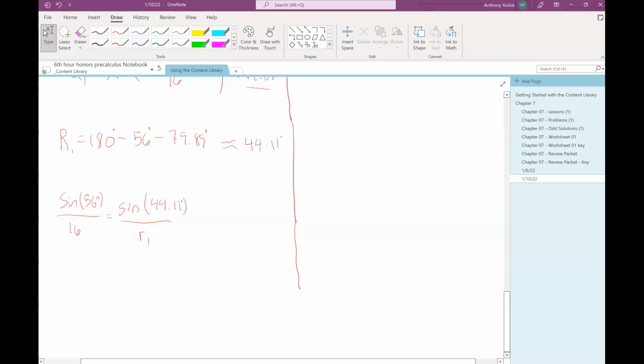Everybody cool there? And we'll just solve, so we'll cross multiply. And then divide by sine 56.